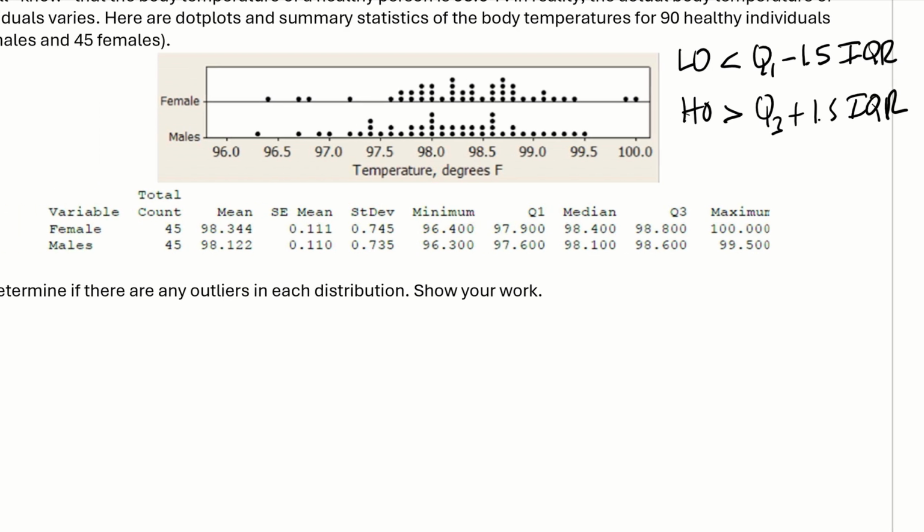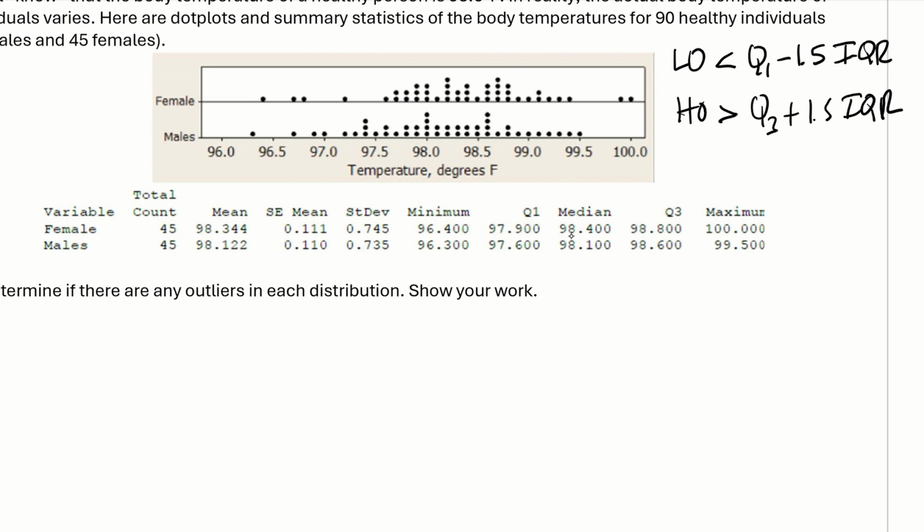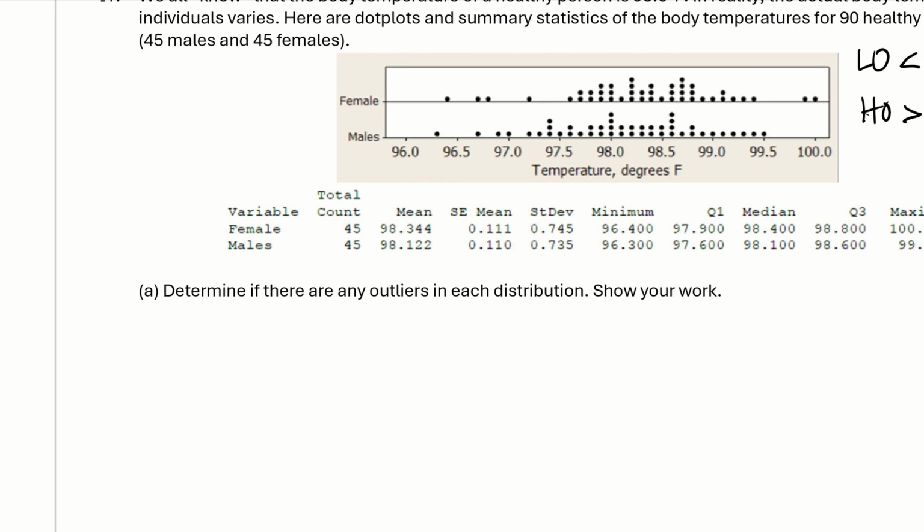So first off, we have to find the IQR and the quartiles. Here they actually give you the quartiles, and you can find the IQR by subtracting. So let's do this for females first. Let's calculate the IQR. First, let's write down what we know.